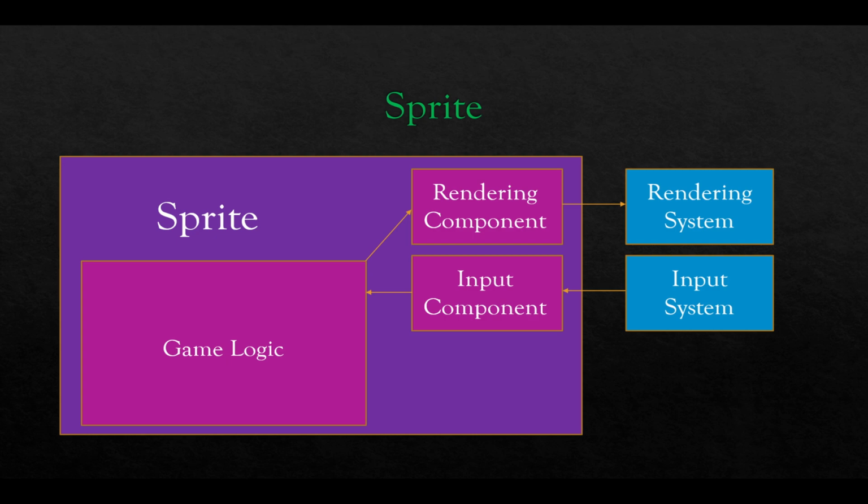Input happens, game logic makes a decision, rendering gets changed, rendering system gets updated. Input system happens, input component translates that into game logic, which makes a decision, talks to the rendering component, changes it in the rendering system.